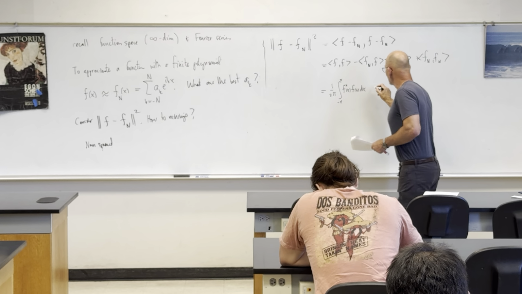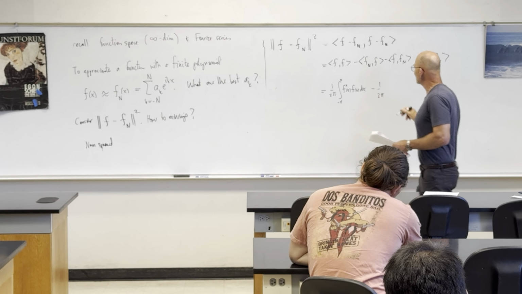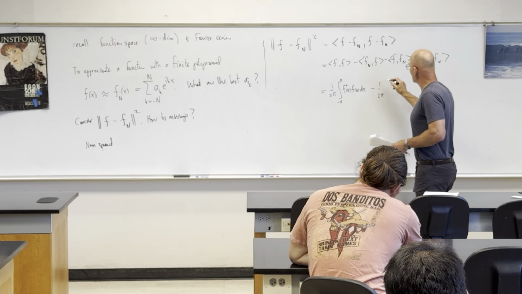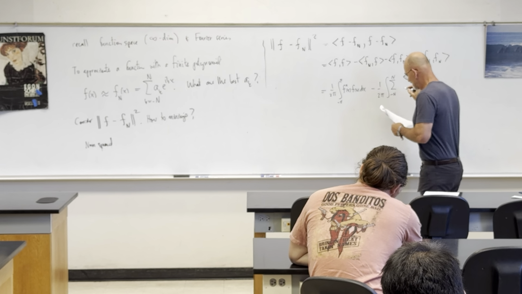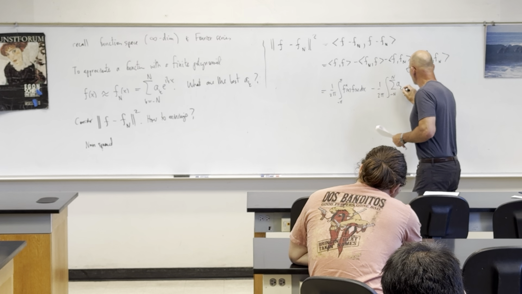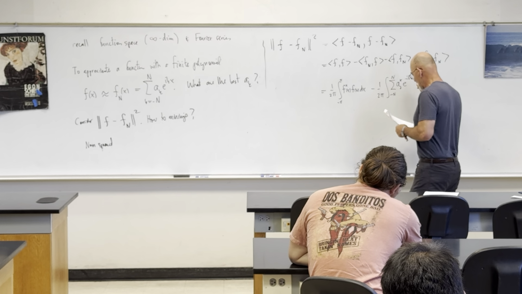This one here, minus 1 over 2 pi, we'll translate it to those integrals now: the integral of the sum from minus n to n of a sub k star e to the minus I kx times f of x dx.